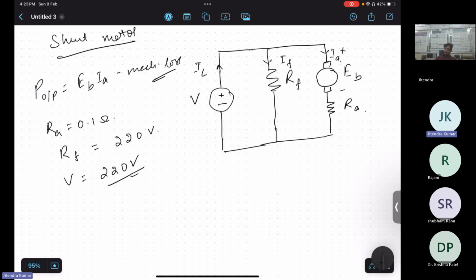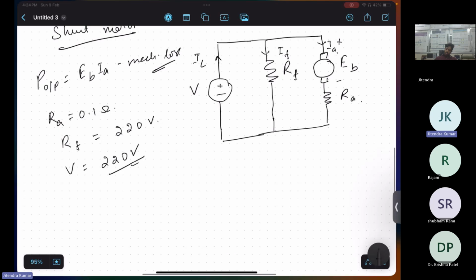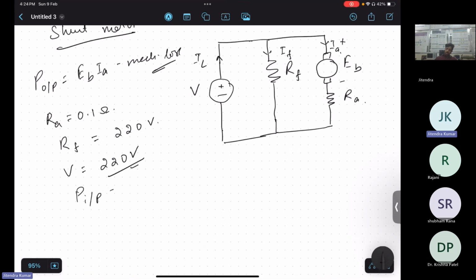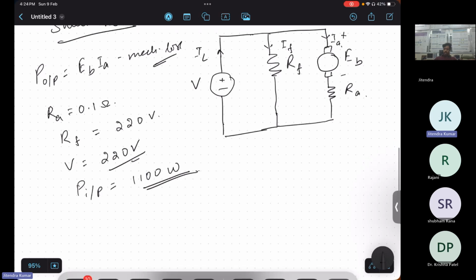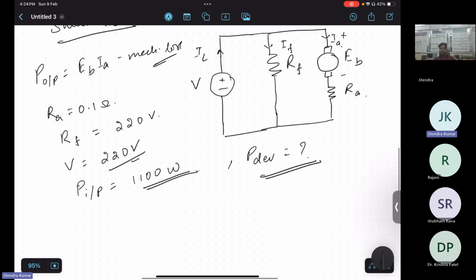Now you are given the input power also, 1100 watt. You want to calculate the electromagnetic power developed. Power developed will be how much? Can we calculate this value? You understood the problem, right?